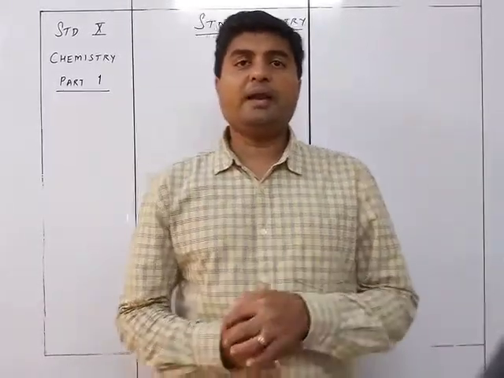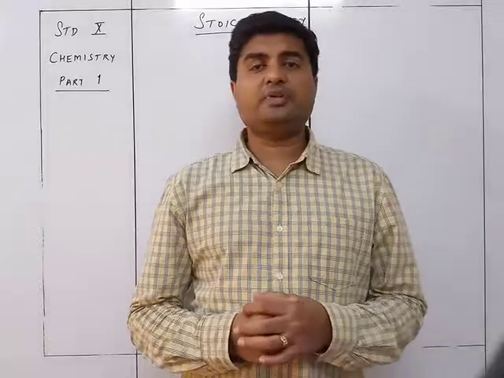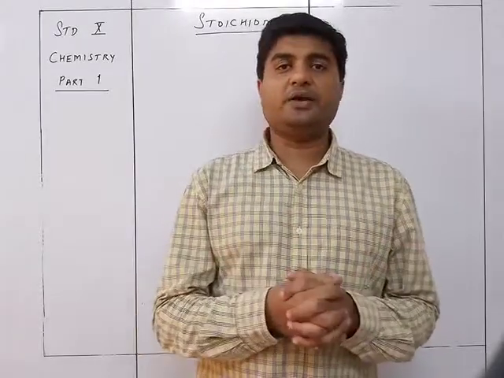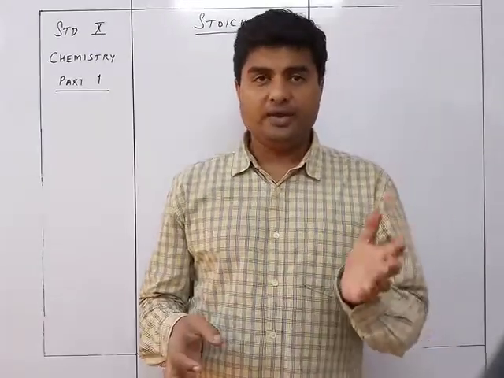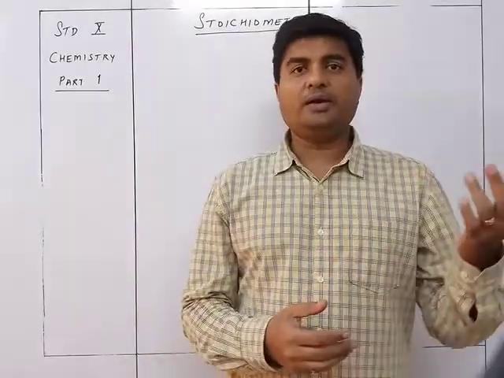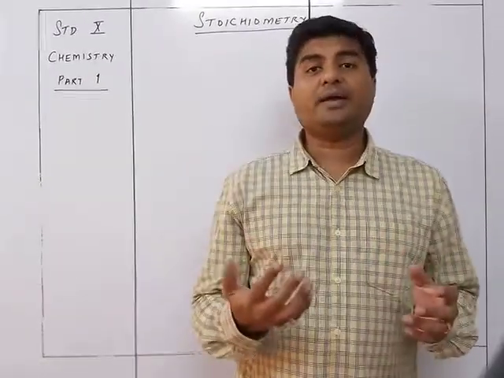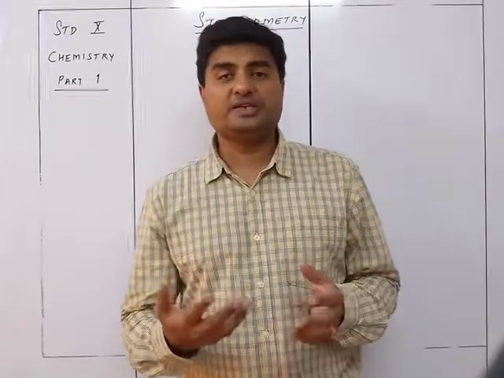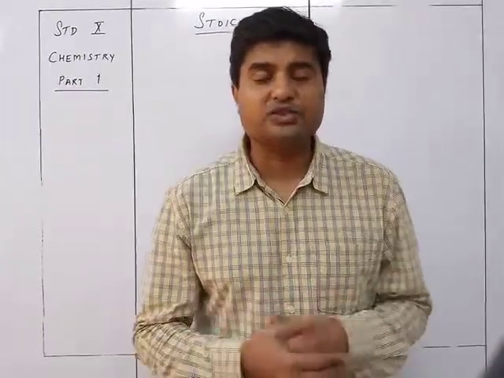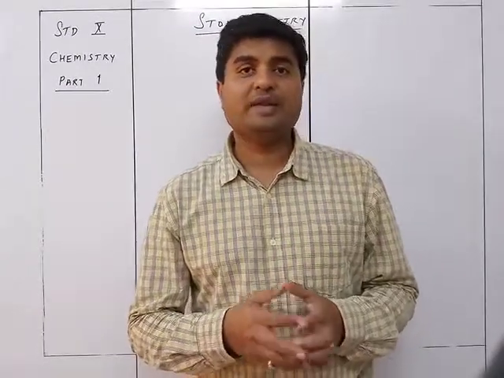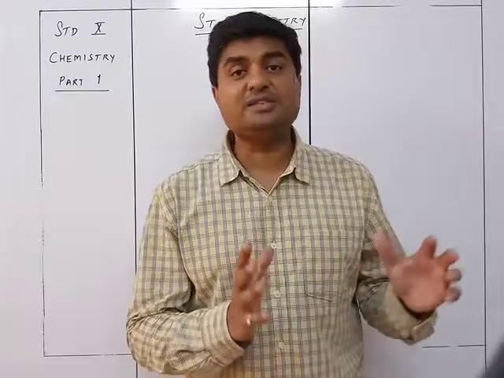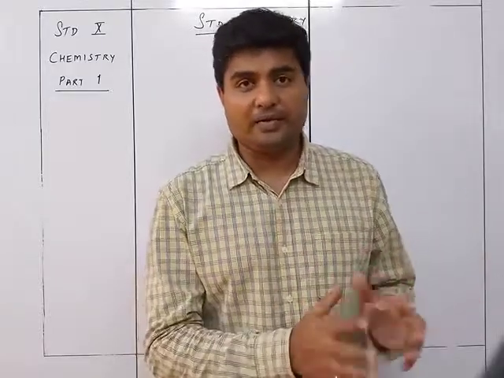If you remember in the analytical chemistry part, I told you that the analysis is divided into 2 parts, that is qualitative and quantitative. Qualitative tells us what kind of elements are present, or what type of cations and anions are present in the compound. That is qualitative analysis.